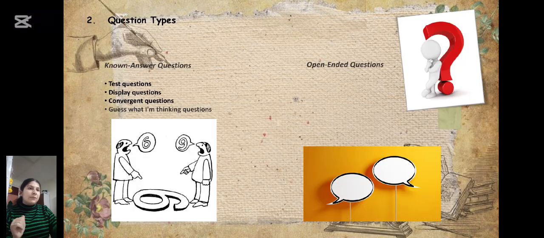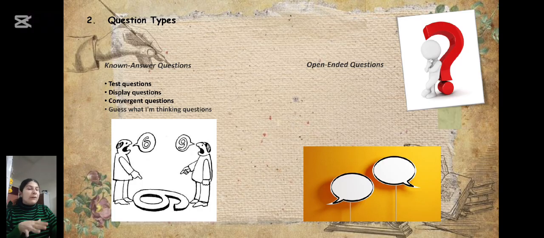Then in the second we have question types. At first we have two question types, such as known-answer questions and open-ended questions. So in known-answer questions we have test questions, display questions, convergent questions, and guess what I'm thinking questions.